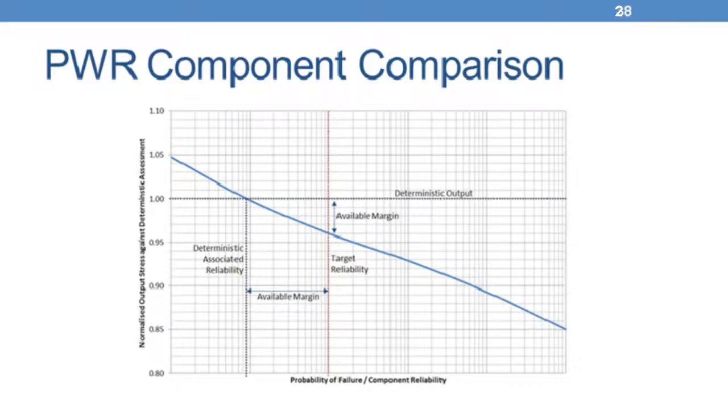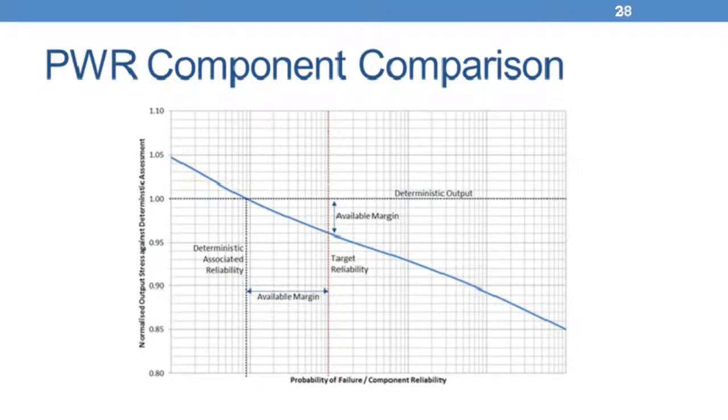And the graph on the screen here shows the results for just one of the structural features that I've just talked about. So we're showing output stress as a function of structural reliability, and the traditional deterministic assessment is represented by the line through unity on the vertical axis, and the target reliability is shown by the vertical red line.